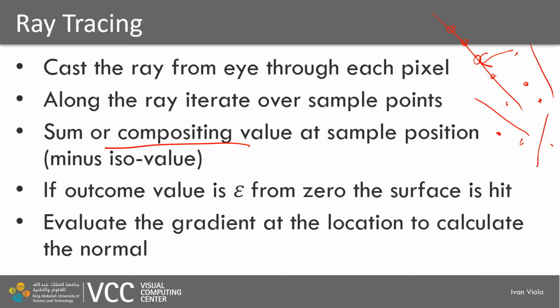Now, at some point, we hit the given value, let's say f equals 0.5, as the sum of our skeletal primitives functions, but we hit something which is close to 0.5, not exactly. So we have to define some epsilon value, some range, which will be a tolerance for finding the surface.